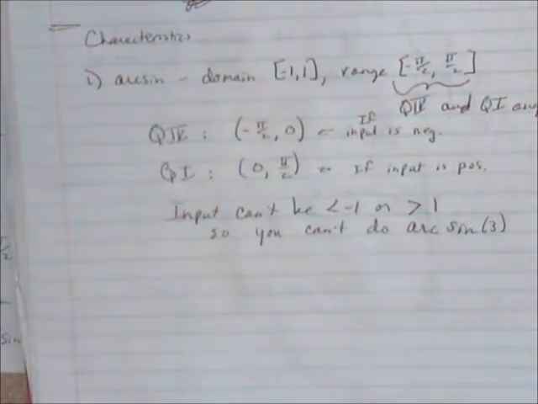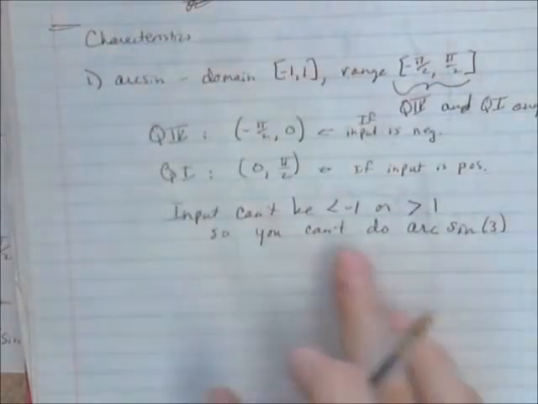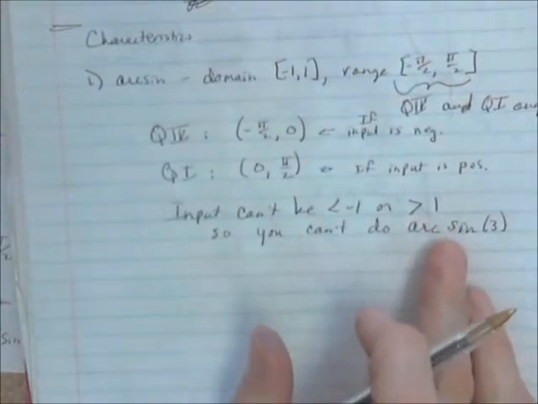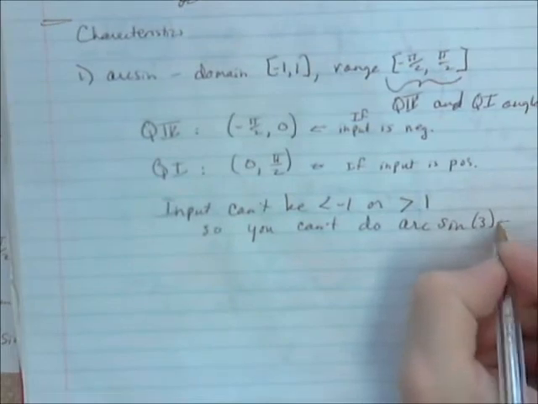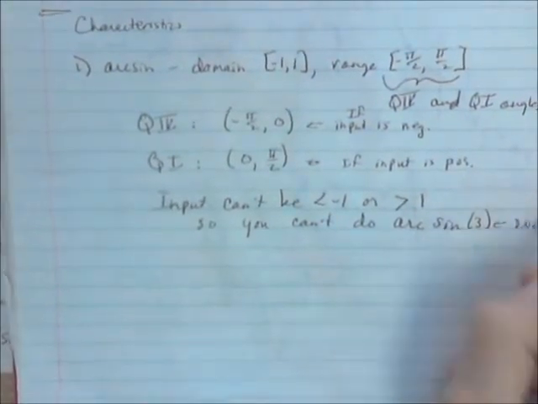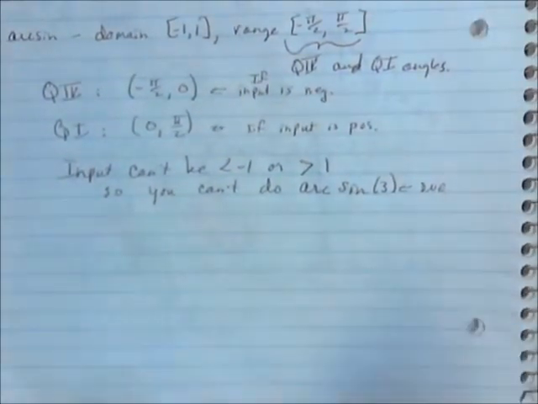Sines have to be between -1 and +1, so arc sine of 3 doesn't exist. I'll just put DNE for does not exist. If you ever see me writing DNE, that's what that means.